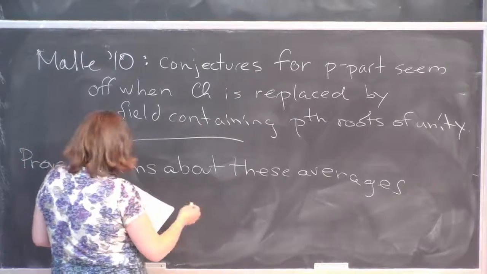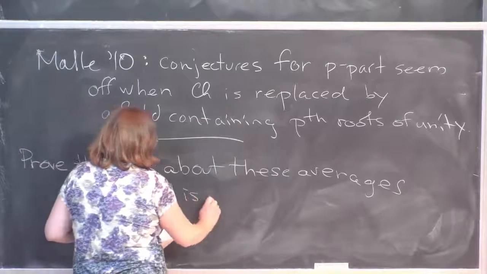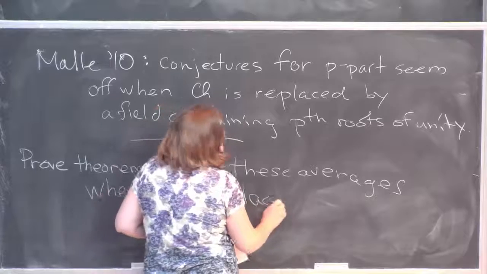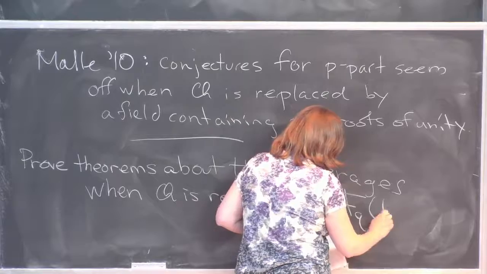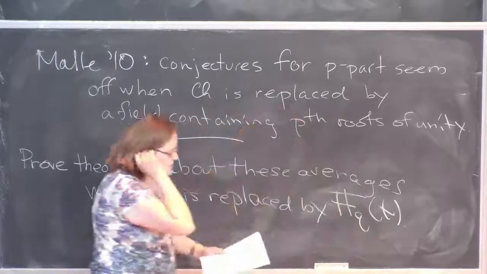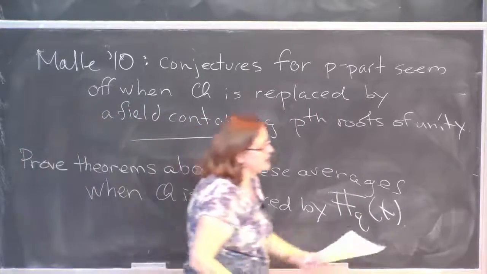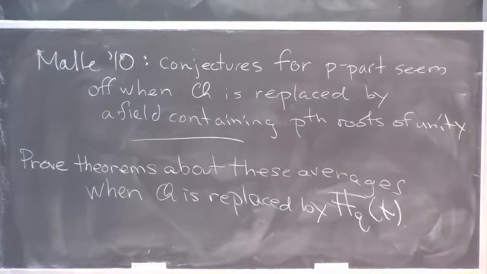But I want to prove theorems about the averages when Q is replaced by a function field over a finite field, F_q(t). So let me just say a little bit about that. I know that some of you have thought plenty about function fields, but maybe not everyone has.